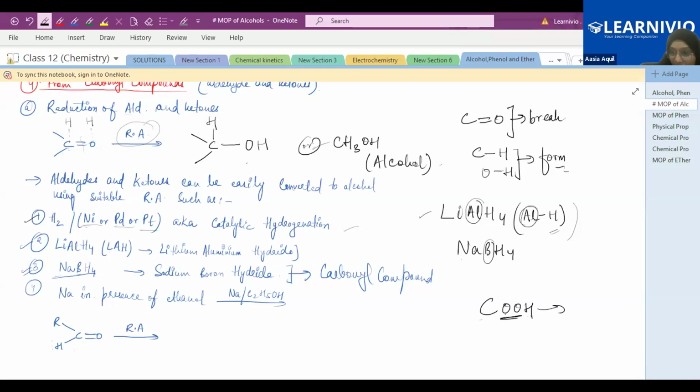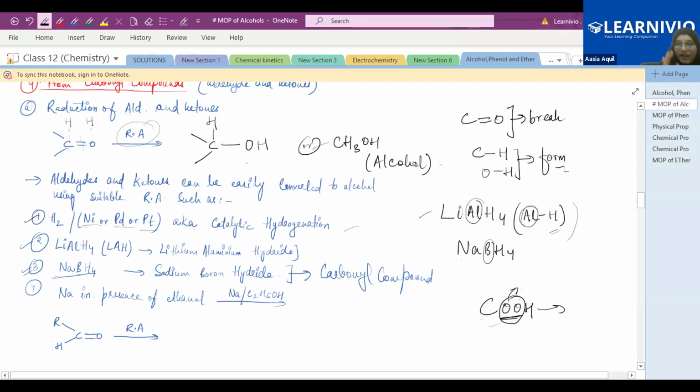Here two oxygens are present, so a strong reducing agent will be required. Why? To remove these two oxygens, because reduction means you have to remove oxygen. So that's why sodium borohydride doesn't reduce carboxylic acid.